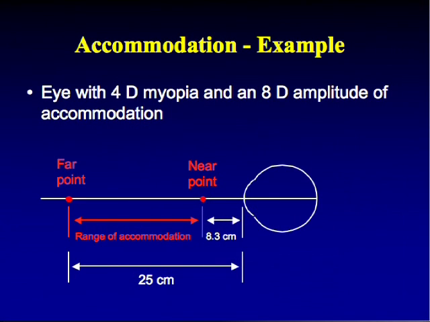So how often do we do this? You have a patient, they're 42 years old, they're having trouble reading. Are you going to map out their amplitude of accommodation for each eye and figure out where their far point and near point are, with and without correction, or through a bifocal or not? Are you going to do all that for your average patient?